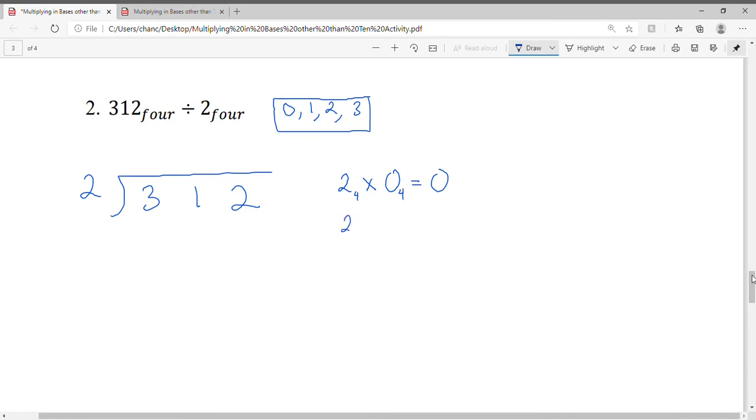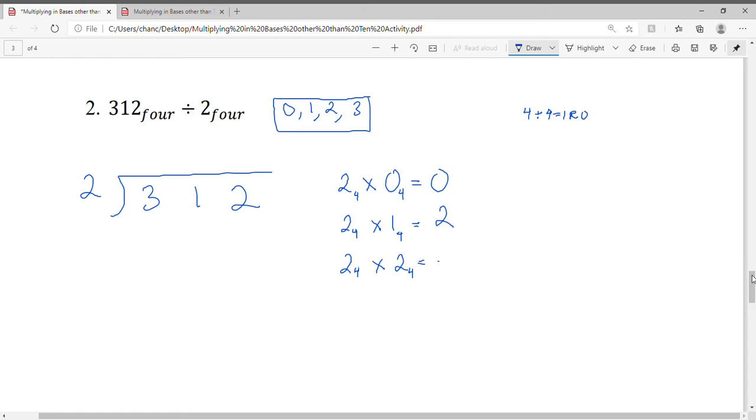Now we'll do 2 base 4 times 1 base 4. Well, that's equivalent to 2. Then we'll do 2 base 4 times 2 base 4. That's equivalent to 4, but 4 does not exist in base 4. 4 divided by 4 is 1 remainder 0.